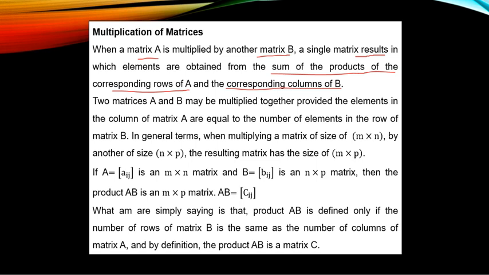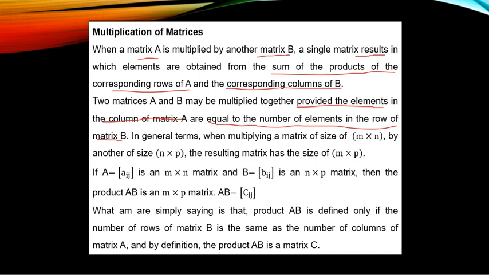Two matrices A and B may be multiplied together provided, look at the condition now, provided the number of elements in the column of matrix A is equal to the number of elements in the row of matrix B. The meaning is that for you to multiply two matrices, the number of rows in the second matrix must be equal to the number of columns in the first matrix.